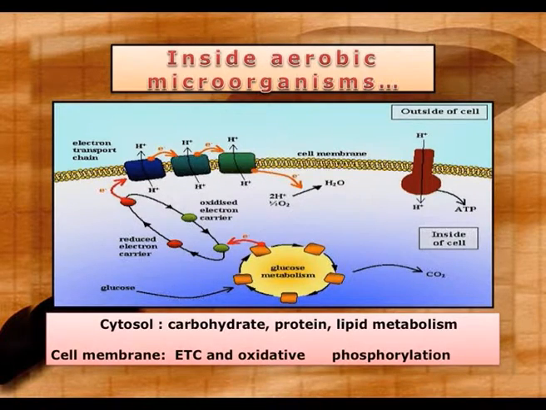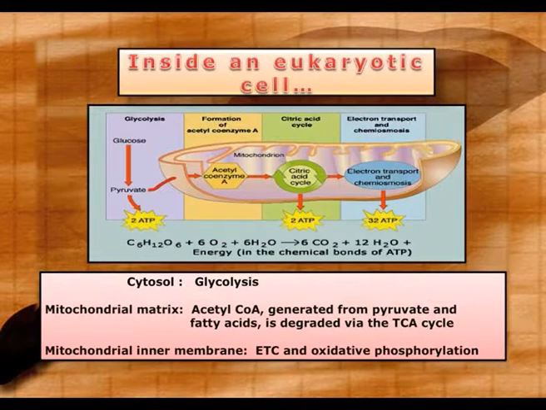In prokaryotes, oxidative phosphorylation and the electron transport chain take place in the plasma membrane, whereas in eukaryotes, they take place in the inner mitochondrial membrane.